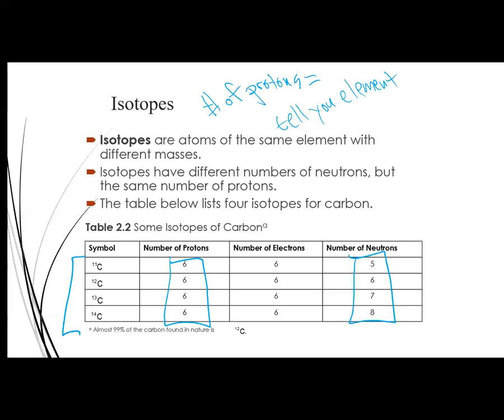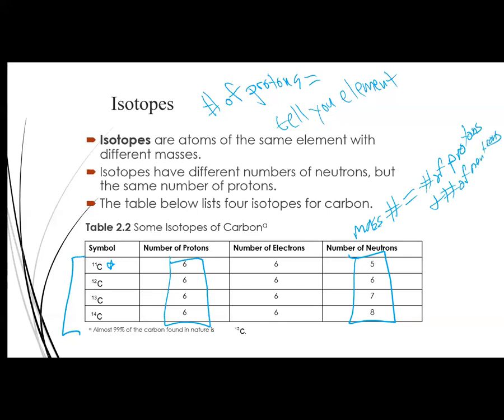So how we make isotopes is we keep the number of protons the same, but we adjust the number of neutrons. Carbon 11, this one here, has 6 protons but only 5 neutrons. Carbon 12, which we more commonly see, has 6 protons and 6 neutrons. And so your mass number should always equal your number of protons plus your number of neutrons.